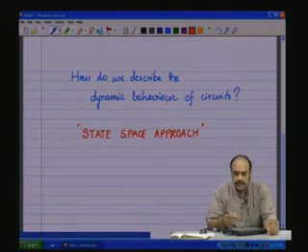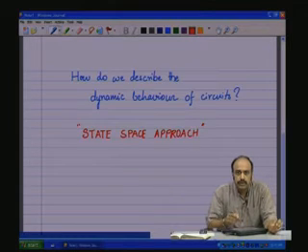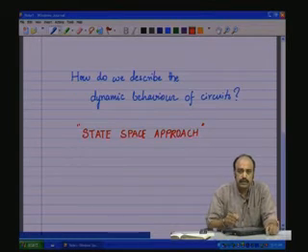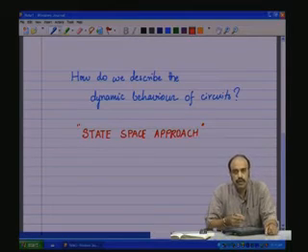Throughout this session and also in future classes, we are going to use only the state space approach to mathematically represent the circuits and thereafter use it for analysis.